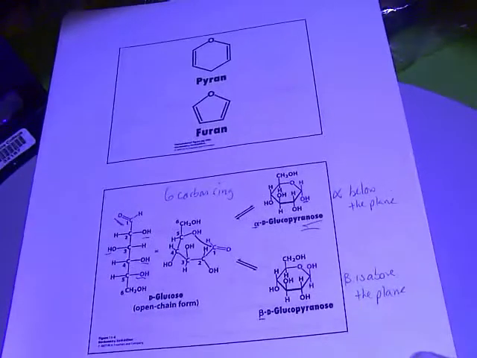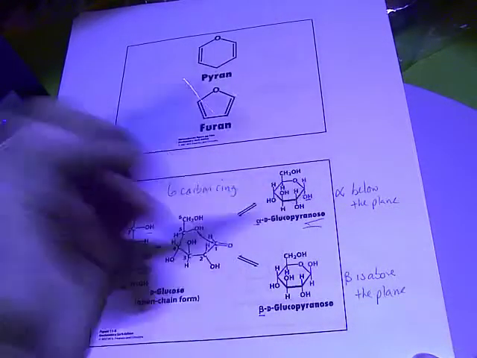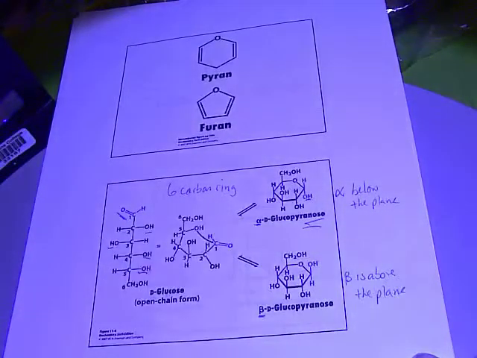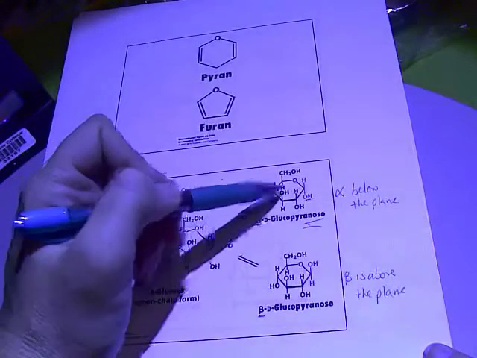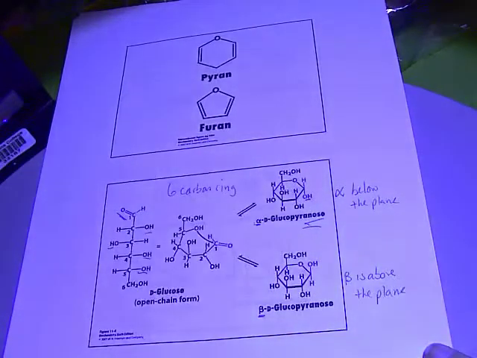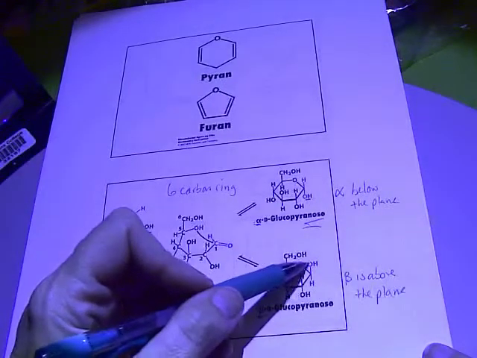And so you can see here with glucose that we create a new stereocenter carbon here. And so we have to have an additional designation, either alpha or beta, to indicate where in the molecule the OH on this new carbon, this new stereocarbon, ends up. So here we have alpha D-glucose. The alpha means that the OH is below the plane of the molecule. And if it were beta D-glucose, the OH is above the plane of the molecule.